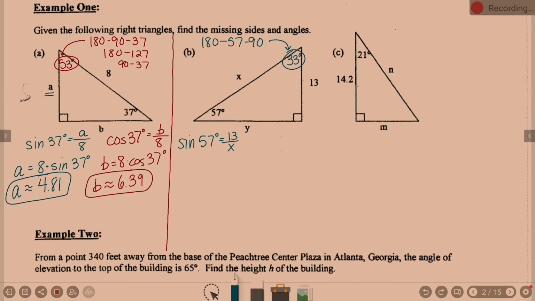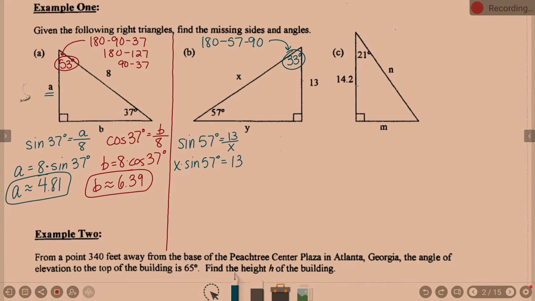Okay, think equation solving. How do I solve for x? My brain's going to say, since it's 13 divided by x, I'm going to multiply the x over to the other side. So I would multiply the x over here and say x times the sine of 57 degrees is equal to 13.